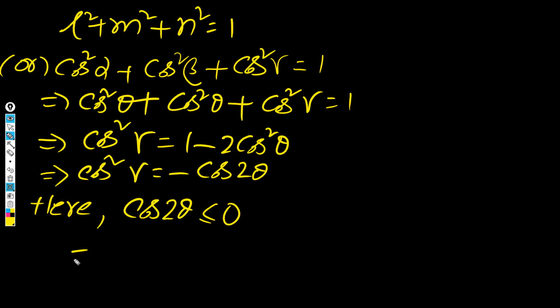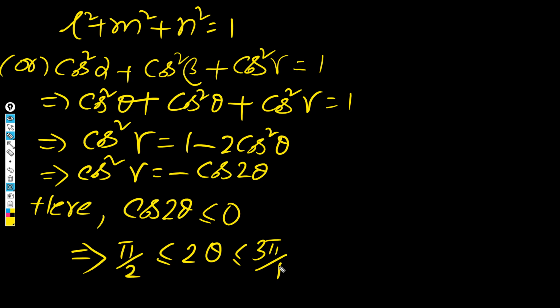Now, in which quadrants is cos negative? It is negative in the second and third quadrants, and hence your 2 theta must lie between pi by 2 and 3 pi by 2. So pi by 2 less than or equal to 2 theta less than or equal to 3 pi by 2 is the relation we have got.